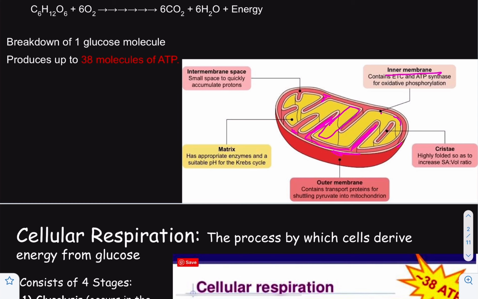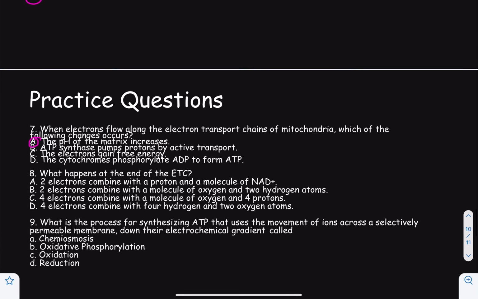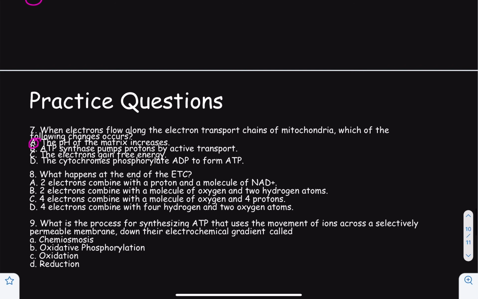Going down into that is the matrix. Okay, and that increases. Their flow going down to the matrix makes the pH increase, but the intermembrane space will decrease.